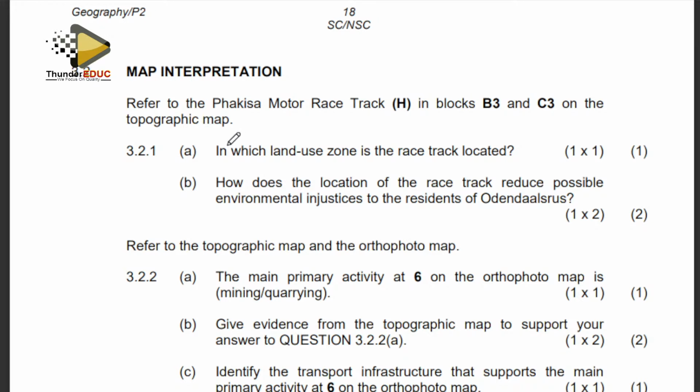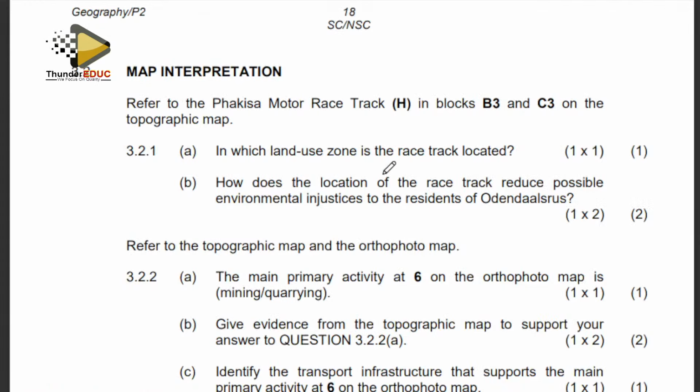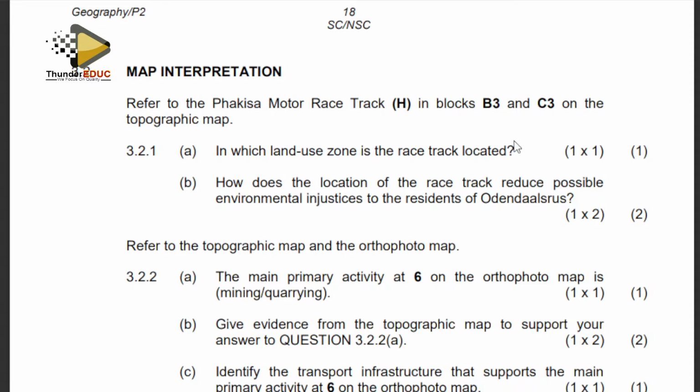On the topographic map, in which land use zone is this located? Learners, understand that when you look at the map, you can even locate where it is. However, this is a trick for you to remember that the following are located in the following land use zone. Actually, the answer here is rural urban fringe.